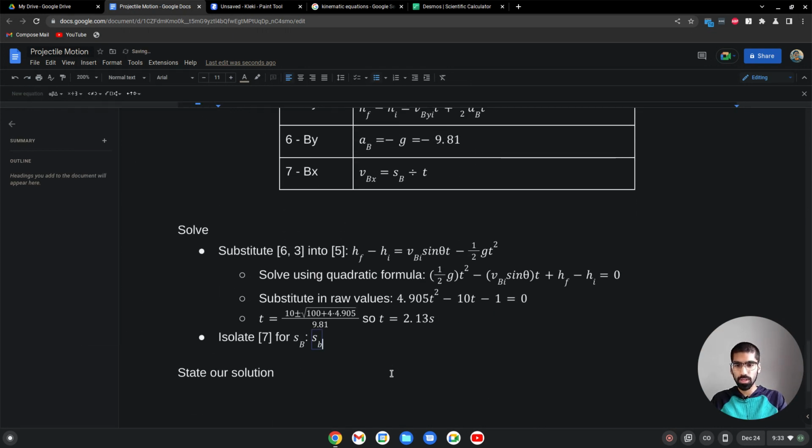We have SB equals VBX times time. We just multiplied by time on both sides. Let's call the time expression equation 8, and let's call this equation 9.